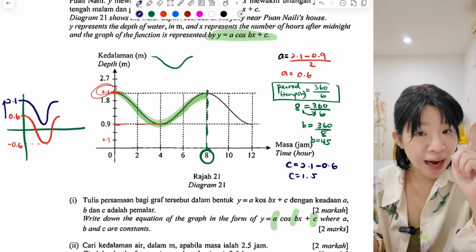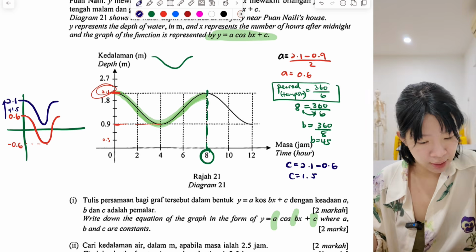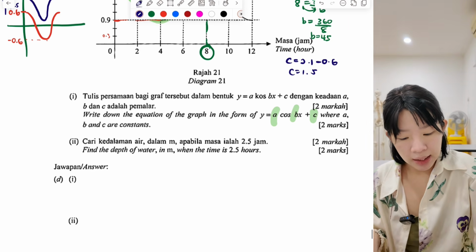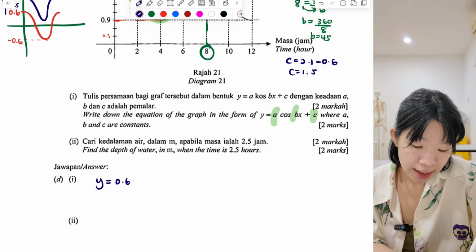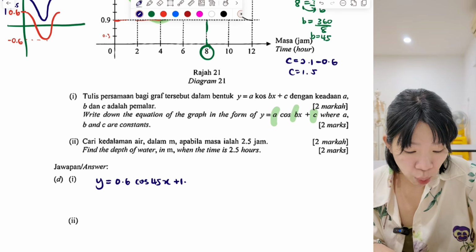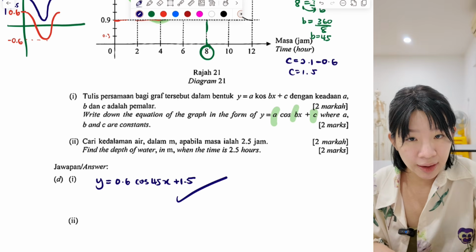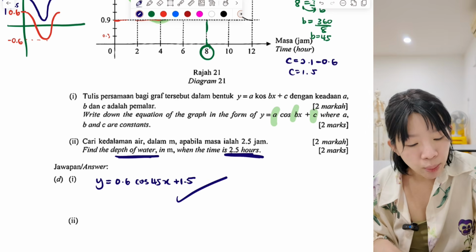So the graph moved up by 1.5, so c is 1.5. Once we have a, b, c, now write the whole equation: y equals 0.6 cos 45x plus 1.5. Done.